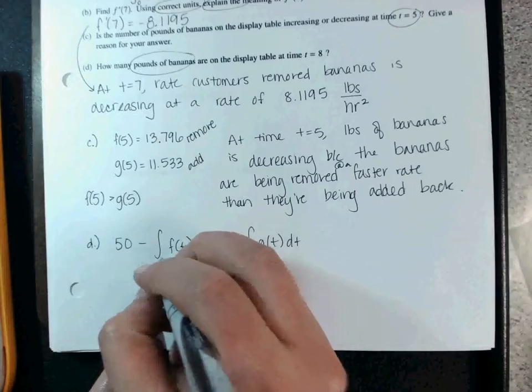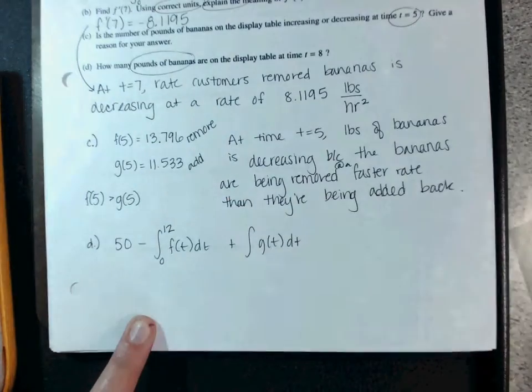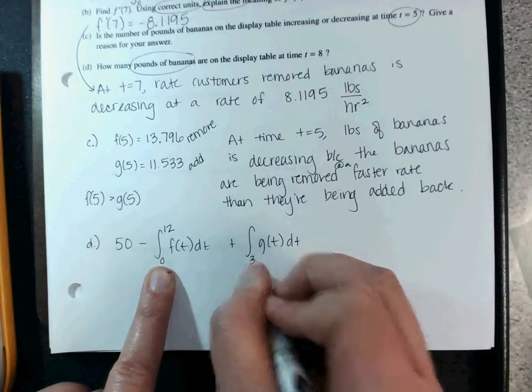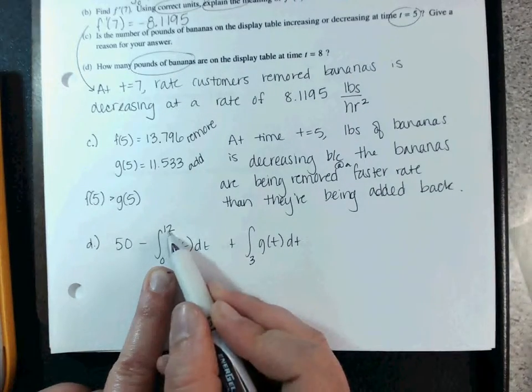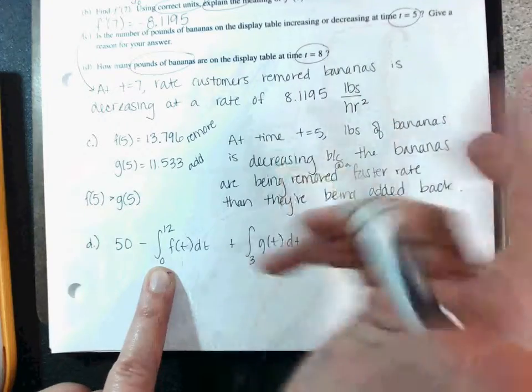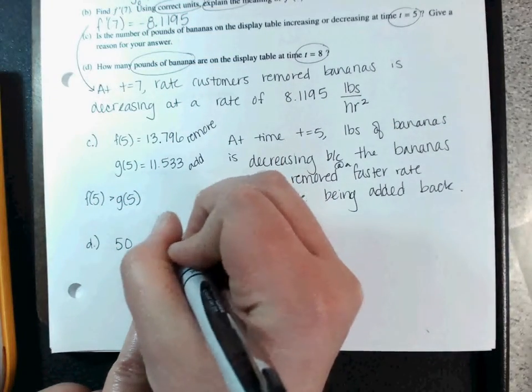So your first integral should be 0 to 12 because customers have been removing them the whole time. But the add back equation, you have to use the domain. You can't start till 3. And actually this should not be a 12. What should it be? We want the number of bananas at time 8. So fix that for me.